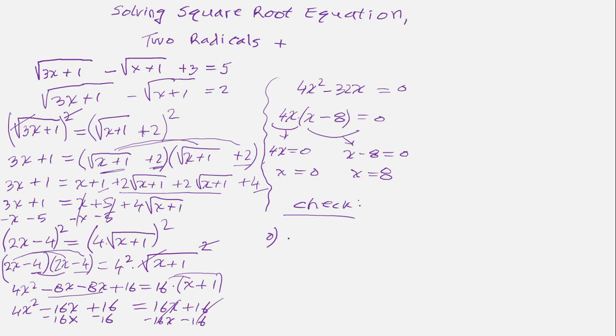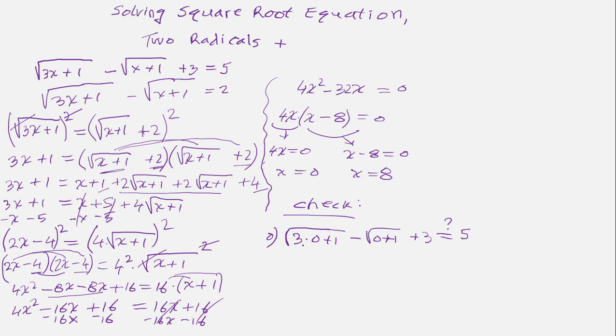So we take the 0 and we put it back into the original function wherever we have x. So 0 goes right here: square root of 3 times 0 plus 1, minus square root of 0 plus 1 again, and then we have plus 3, and we are checking if that's equal to the right-hand side, which is 5 in our case.